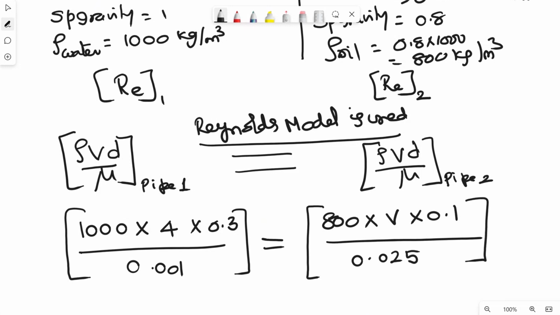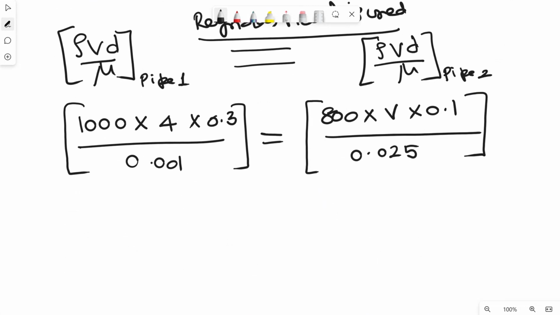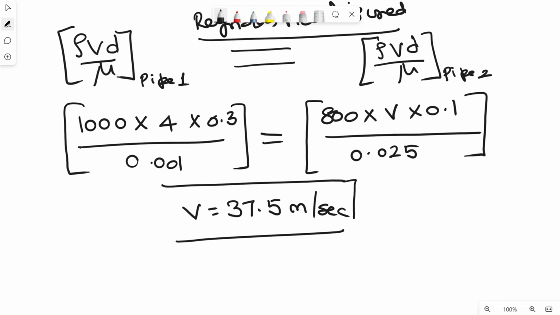Equating both, if we find v, it comes to 37.5 meters per second. So this is one important problem regarding pipe.